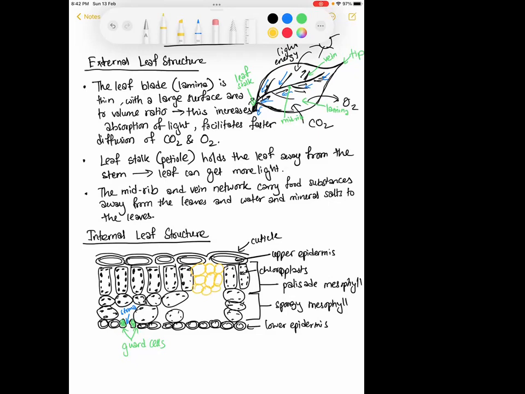And then you'll see that in the middle, there is a bundle of very small tubes like that.